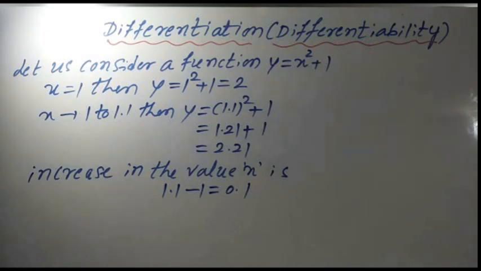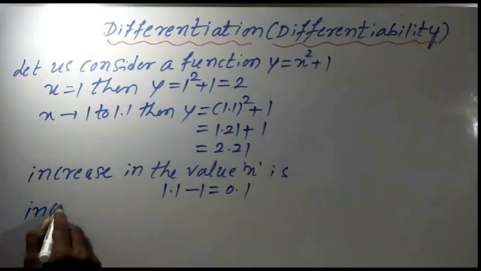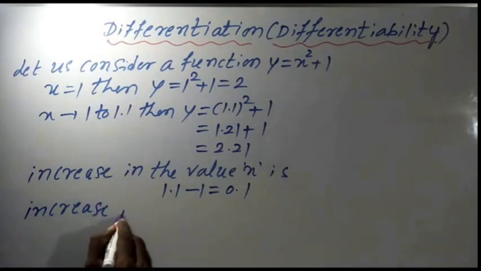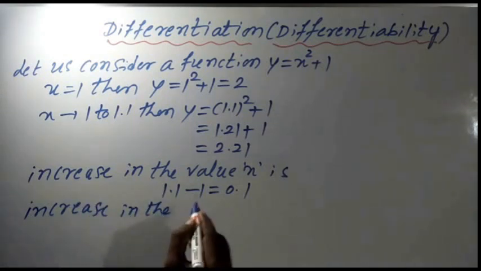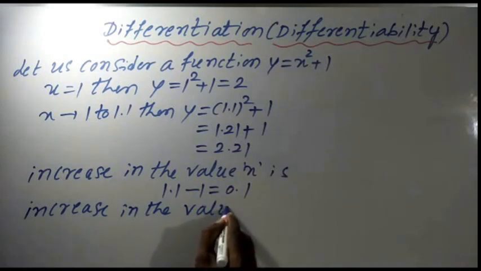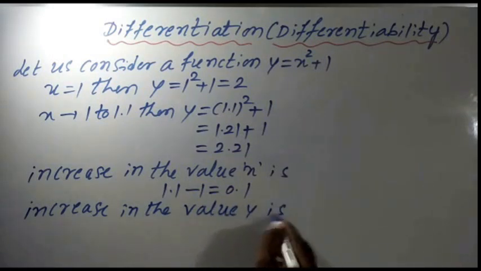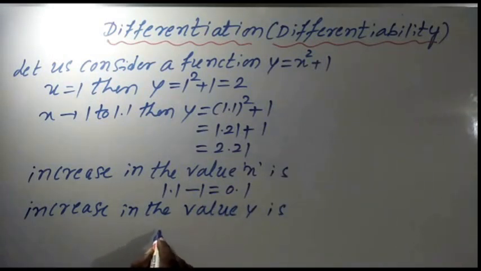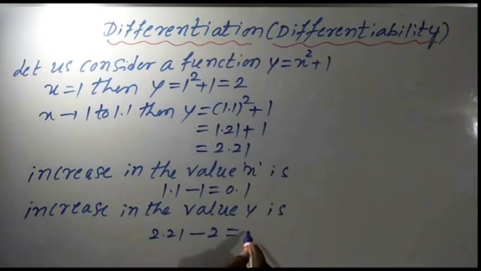And similarly, the corresponding increase in the value of y is 2.21 minus 2 is equal to 0.21.